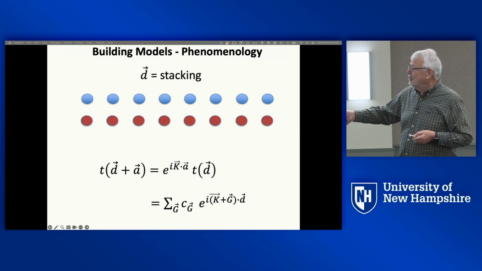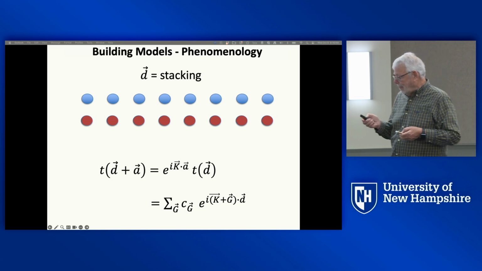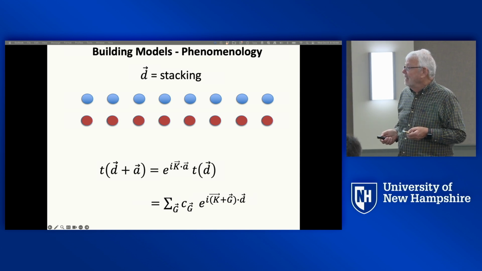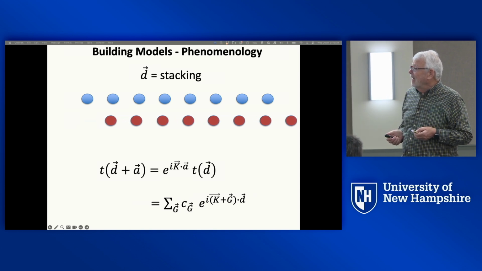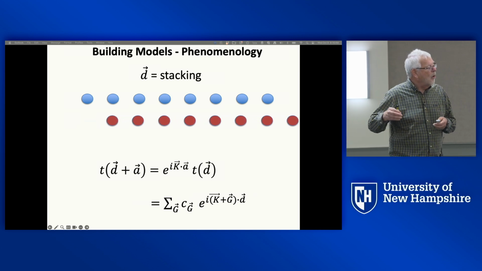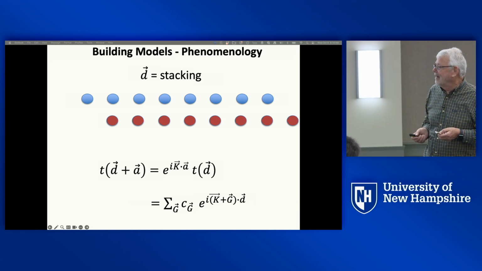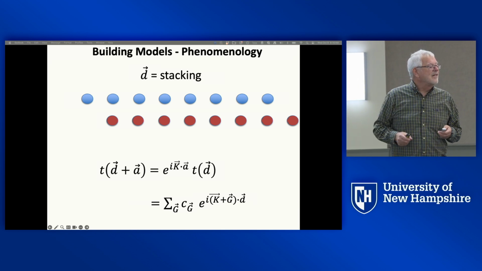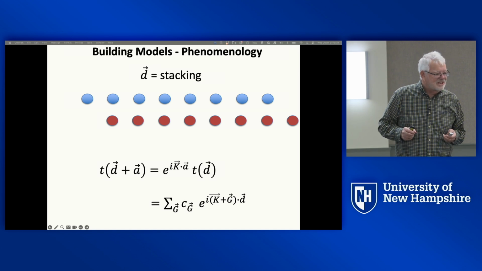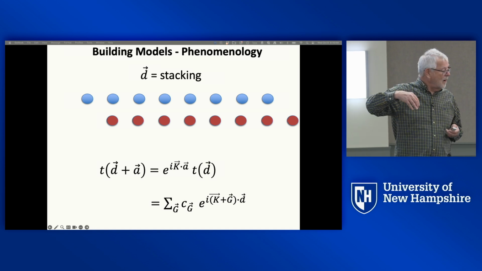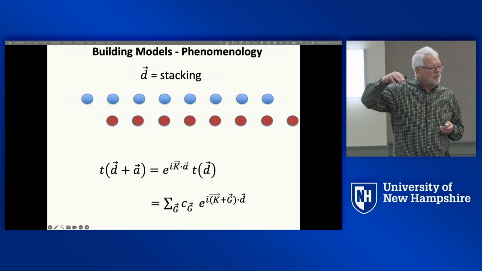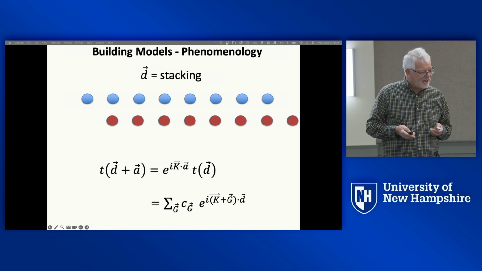So this is a two-layer system. If I make a Moiré pattern here, which I could do with one-dimensional crystals if they had slightly different lattice constants, then locally what's happening is the position of one layer is moving relative to the other.